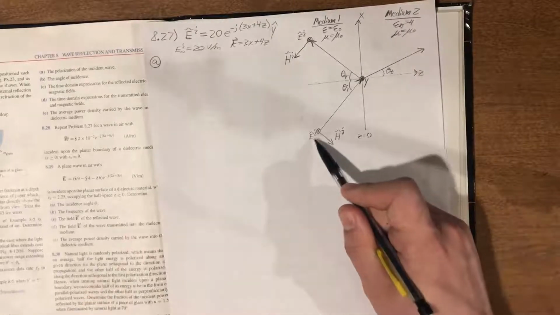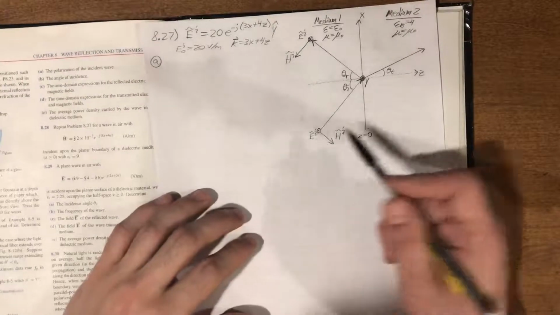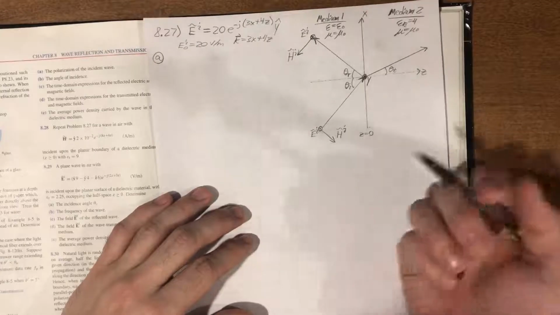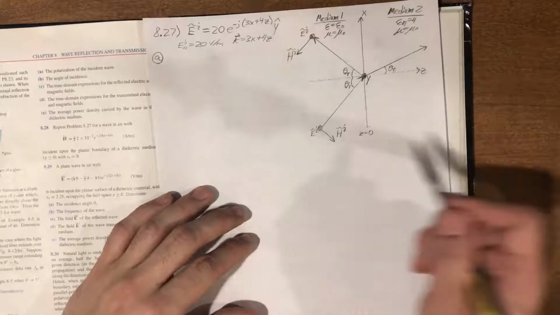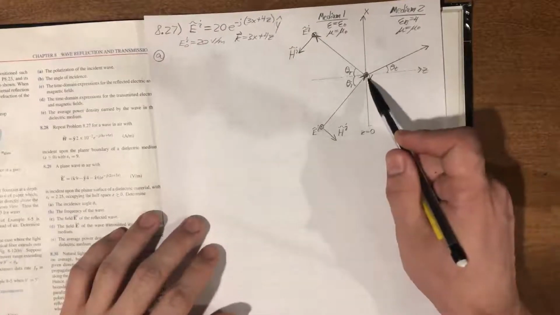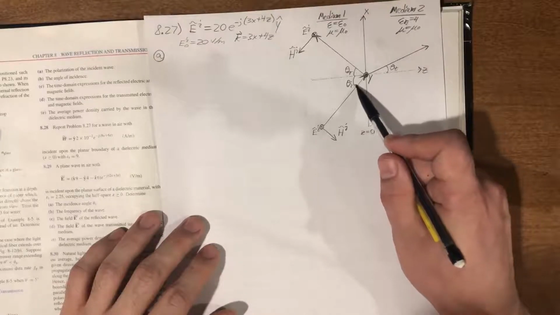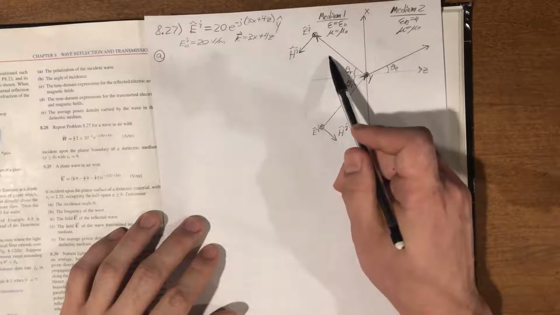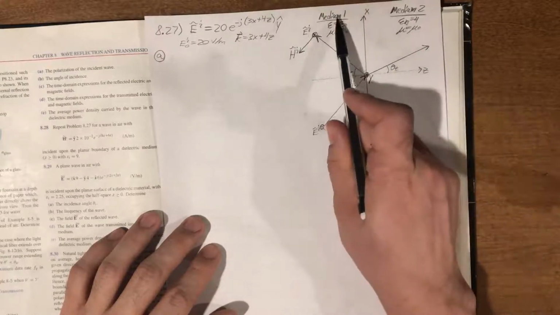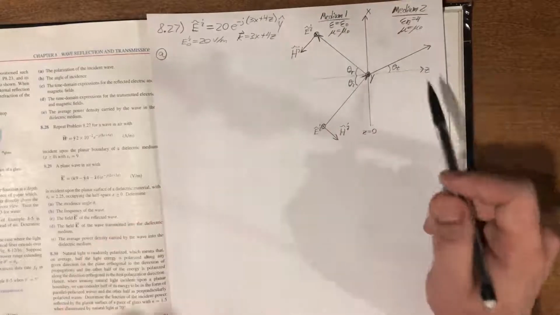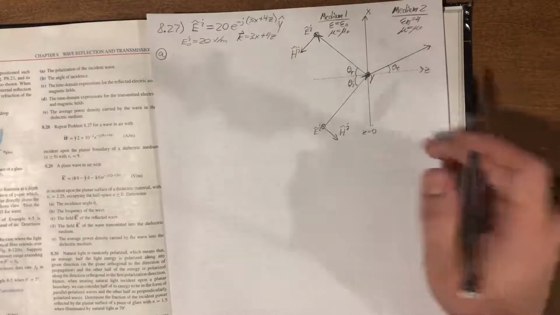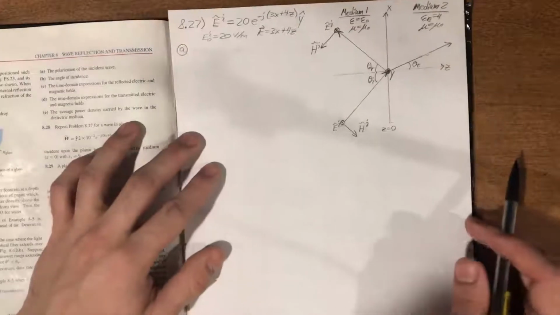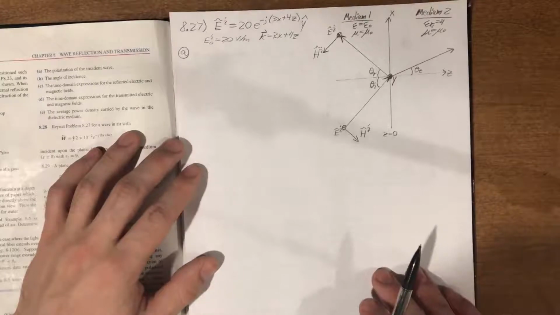The incident electric field is in the y-hat, coming out of the page, with the magnetic field as well, and that is reflecting off this surface of two different mediums. One of them, medium 1 is air, and medium 2 is another material with the relative permittivity of 4.